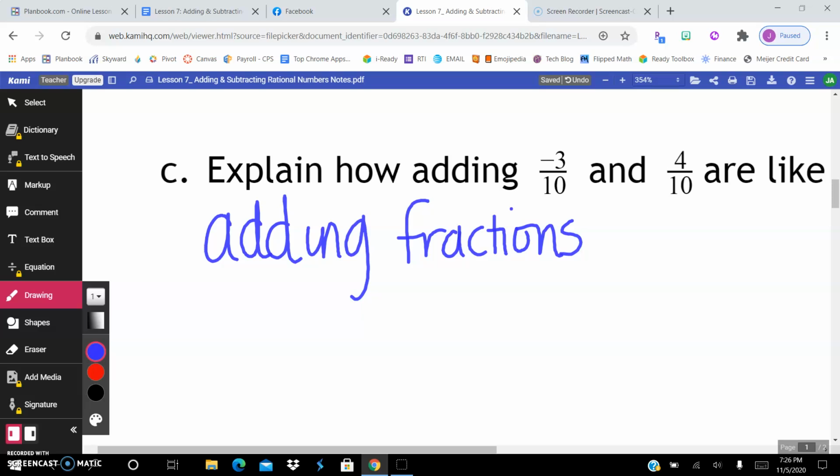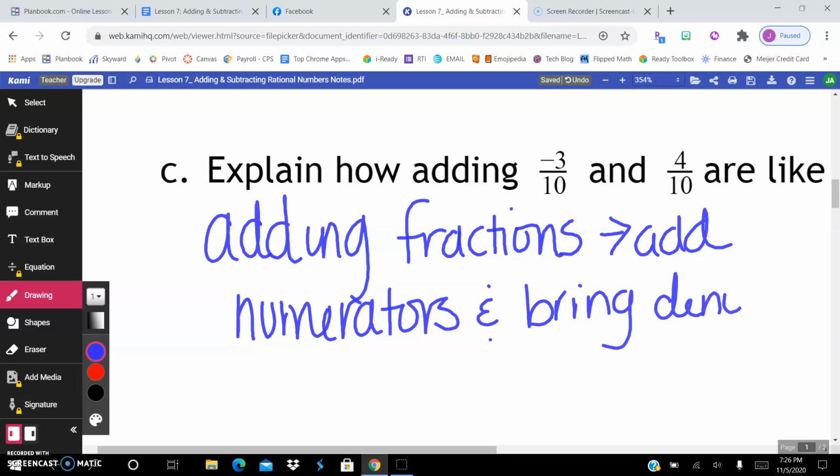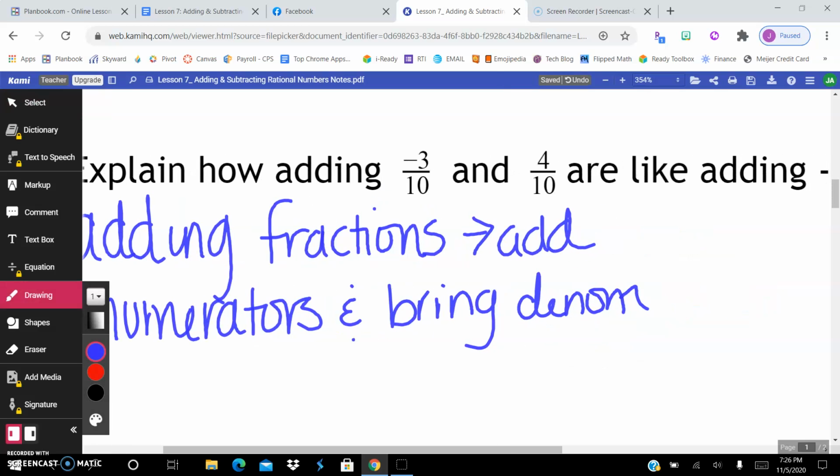So adding fractions, add numerators, and bring over the denominator as long as it's the same. So the only thing we really had to add when we were adding those two fractions are the numerators.